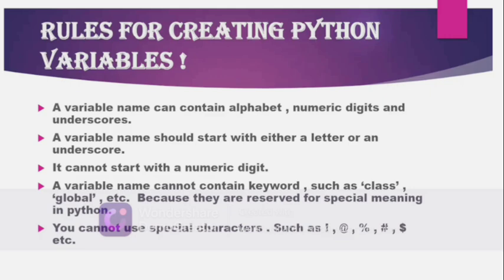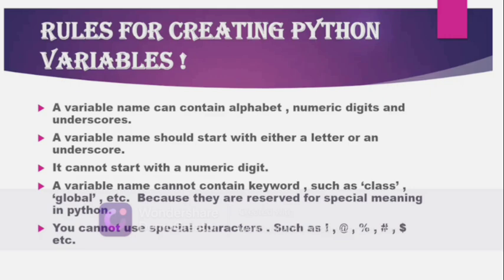It cannot start with a numeric digit like numbers 1 2 3 4. This is an invalid variable. So हमारा वैलिड वेरिएबल क्या हो सकता है? जो कंटेन करता है न्यूमेरिक डिजिट्स, अल्फाबेट, अंडरस्कोर और स्टार्ट होता है लेटर या अंडरस्कोर से. So like my underscore book.